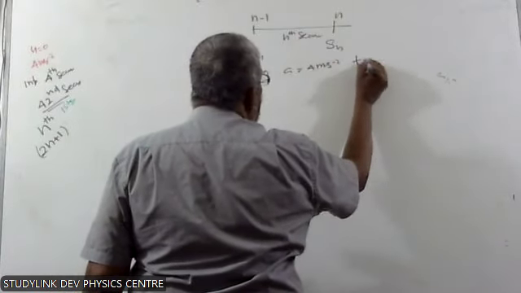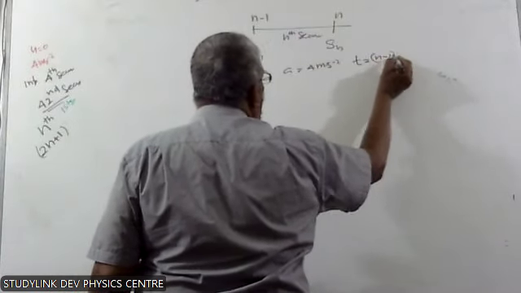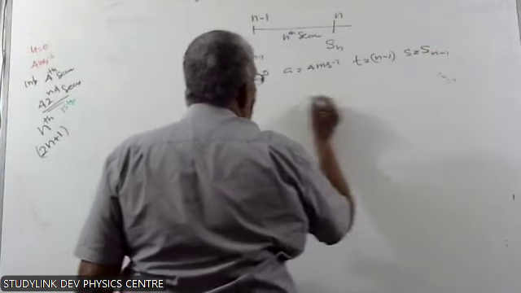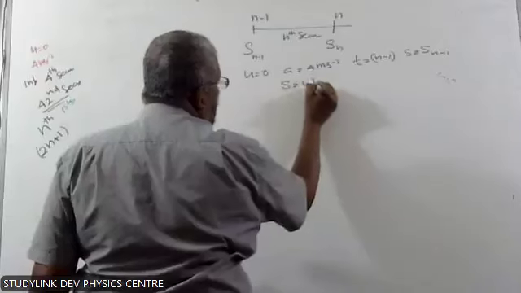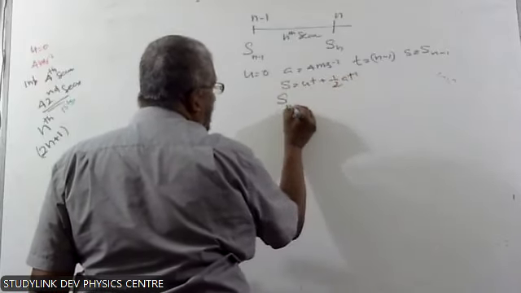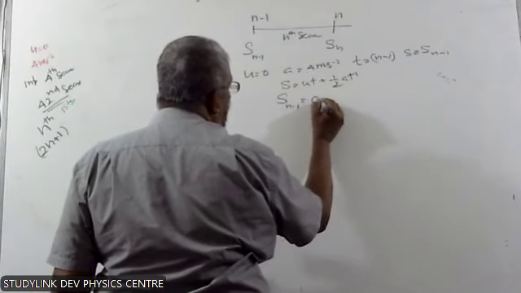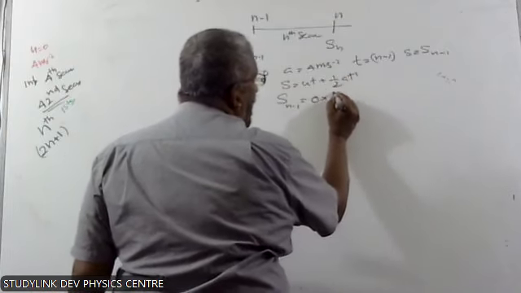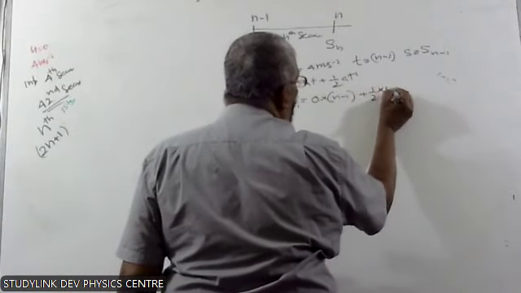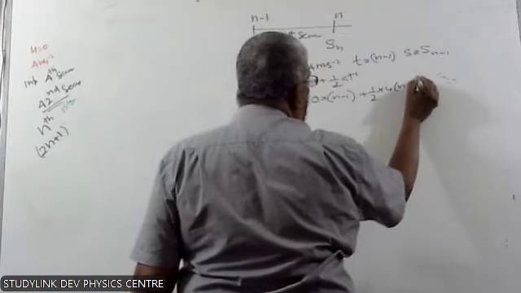Then t is equal to n minus 1 and s is equal to S(n-1). Then s is equal to ut plus half a t squared. S(n-1) is equal to 0 into (n minus 1) plus half into 4 into (n minus 1) squared.